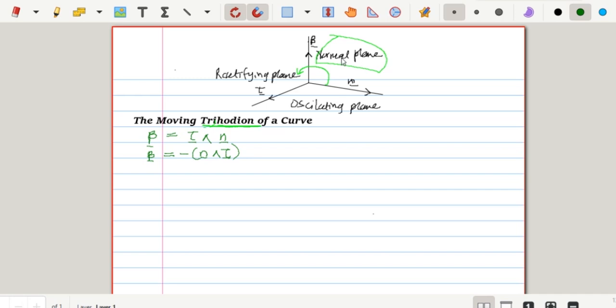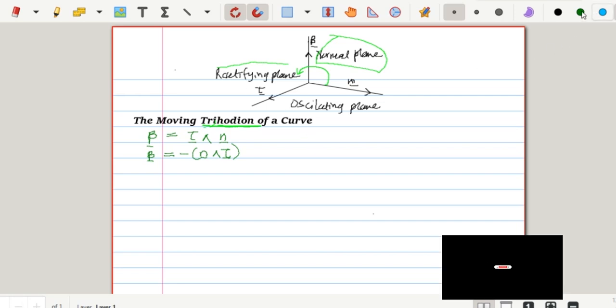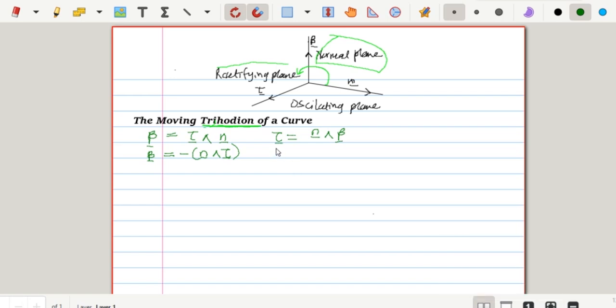For the rectifying plane, we are going to have our tau, which is equal to n cross beta, and tau could also be written as minus beta cross n.